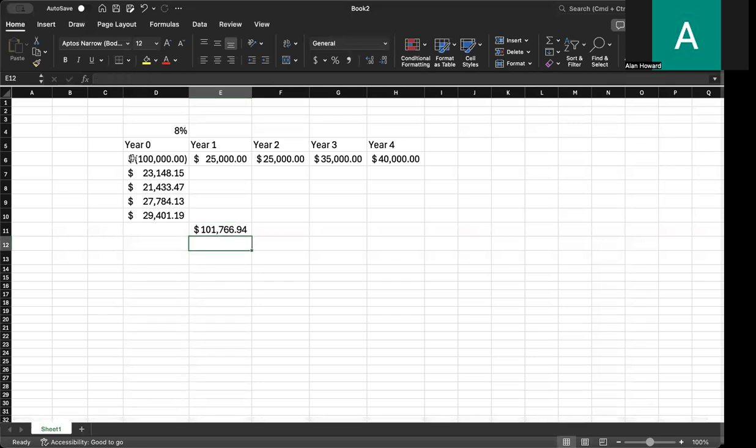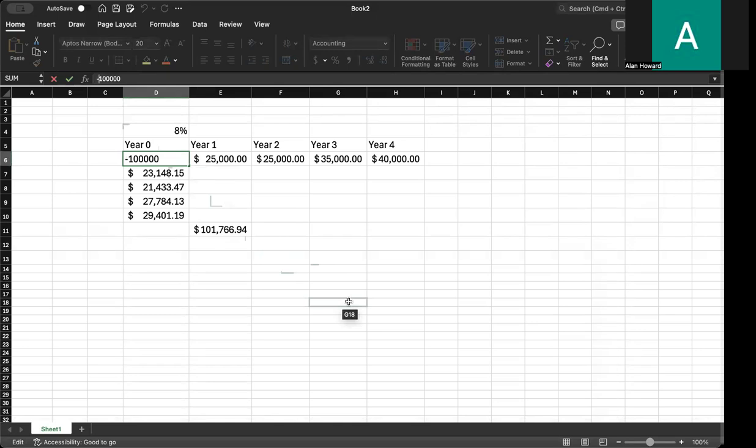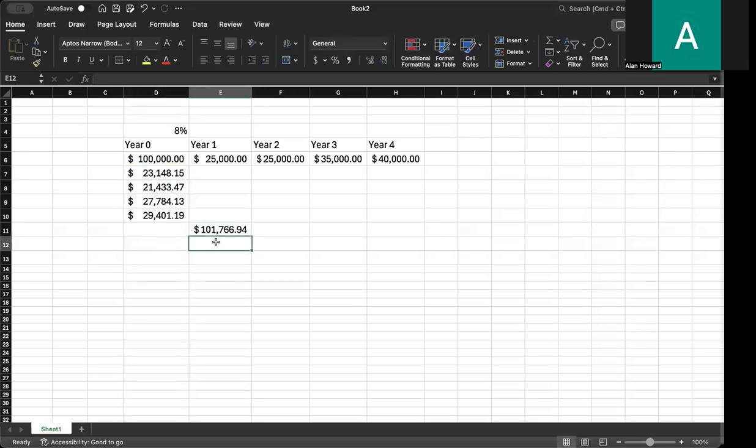To find the net present value, we take the present value of our cash flows and subtract the initial investment, and we get an NPV of $1,766.94.